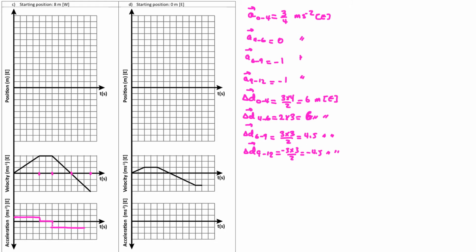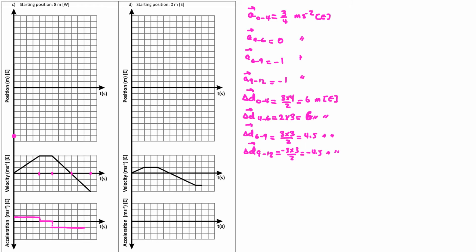So we have all of this. Let's put it all into action. Our position starts 8 meters west, so starting from 0, 1, 2, 3, 4, 5, 6, 7, 8, we start right here. And then our first displacement is positive 6.